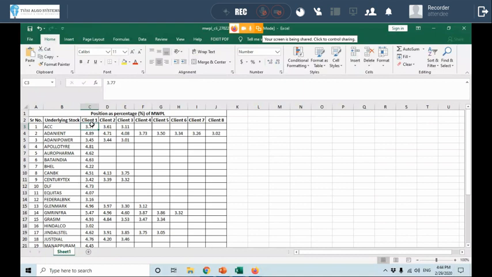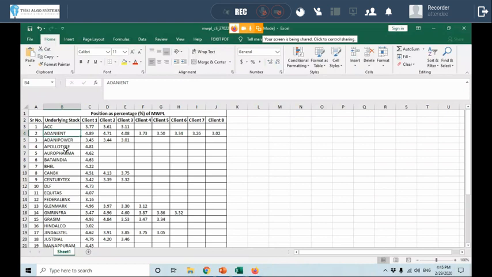Now see Adani Enterprises. There are a total of 8 clients who have more than 3% open interest. Each is a separate client, client 1, client 2; these are different entities. So at least 8 clients have more than 3% open interest, so there is huge interest in Adani. Does client mean our broker?